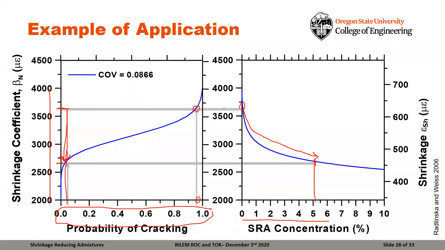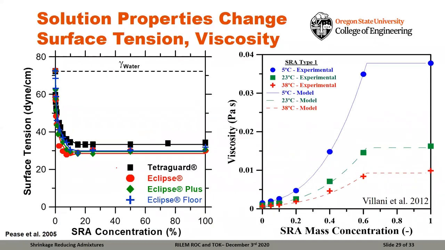A relatively modest reduction in the shrinkage, going from like 3,600 down to 2,600, so maybe a 20 or 30% reduction in the shrinkage, is almost a 95% reduction in the potential for cracking. So we see very huge benefits of reducing the shrinkage, even by 20, 30% in the overall system.